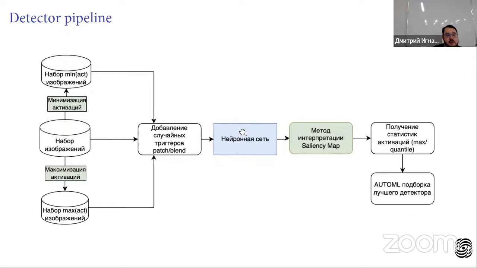Then we put these into the neural network and get the saliency map method results. Then we use such statistics as the maximal value or quantiles. We took 3 standard quantiles: 95%, 97%, and 99%. Then we used our AutoML to find the best detector.